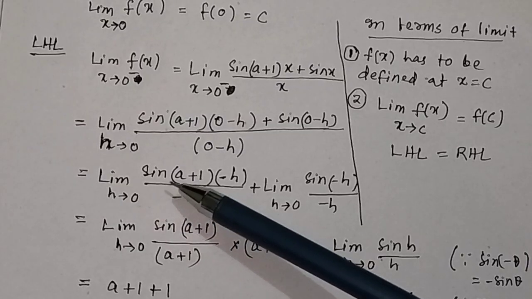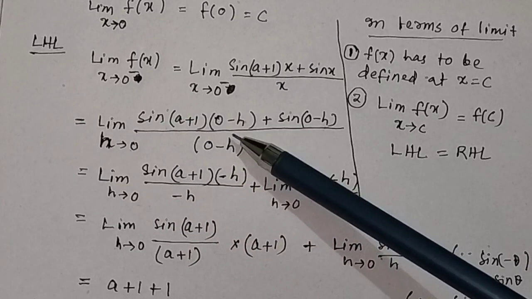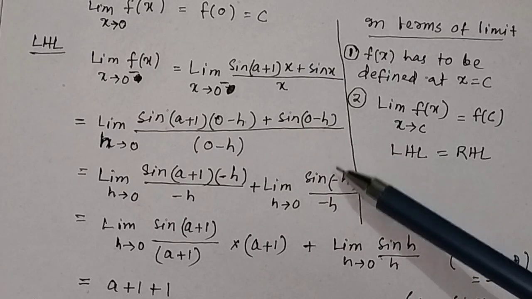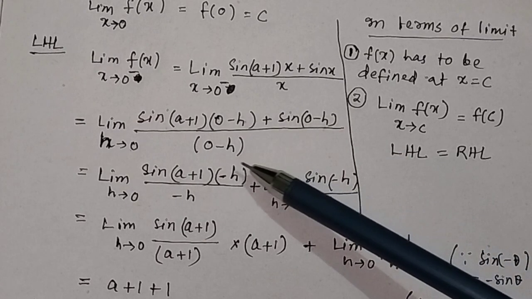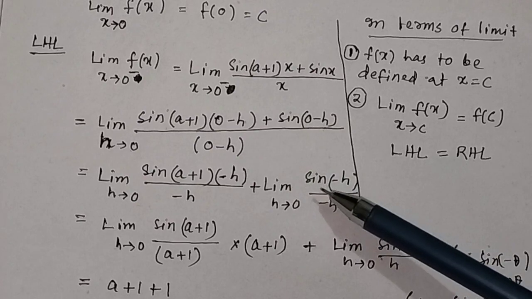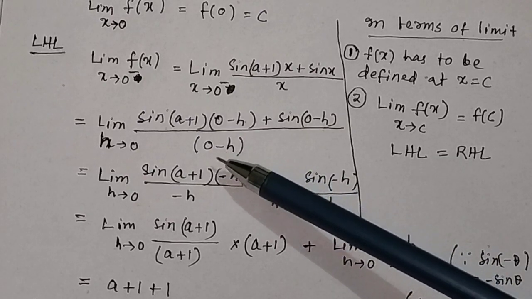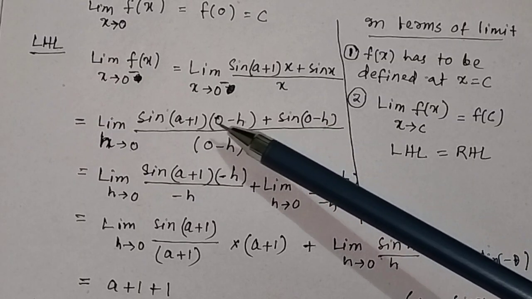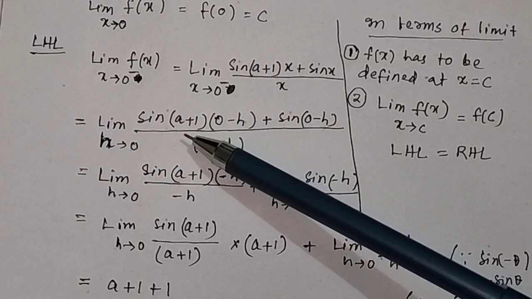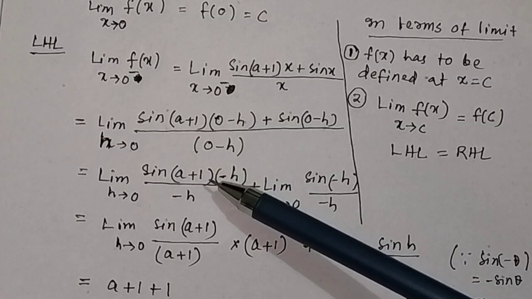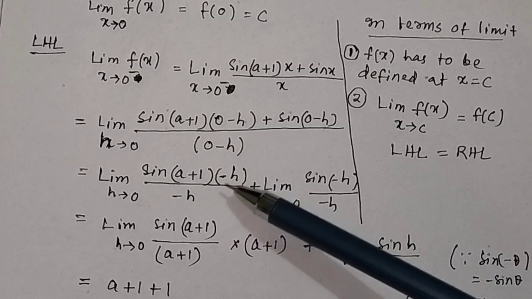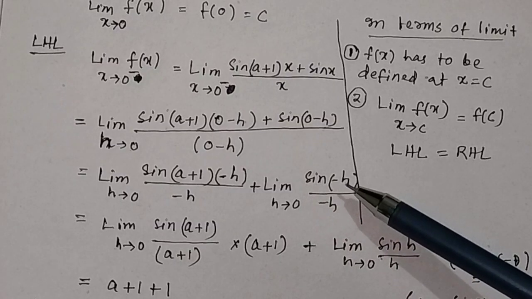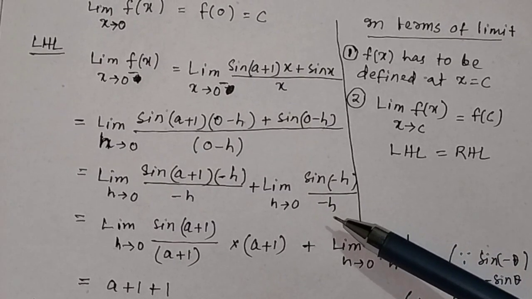So this will be equal to sin((a+1)(−h)), that is minus h, then sin(0 − h), this is also minus h, divided by 0 minus h, that is minus h. We have separated the two terms. The first term is sin((a+1)(−h)) divided by minus h, and the second term is sin(−h) divided by minus h.